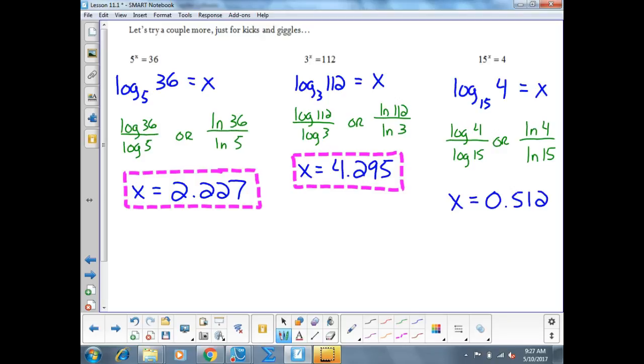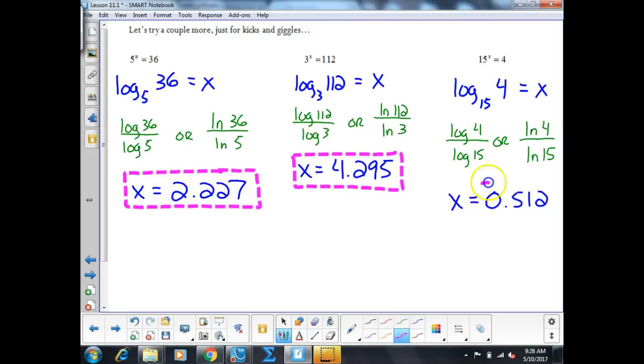So 15 to the x power equals 4 had better be close to 1/2 because 15 is really close to 16. That would be my logic, even more so than Taylor's logic. Taylor's logic works too, but that's the one I was thinking of. 15 is really tight to 16, and 16 to the 1/2 power is 4, so 15 to some power equals 4 had better be pretty tight to 1/2.